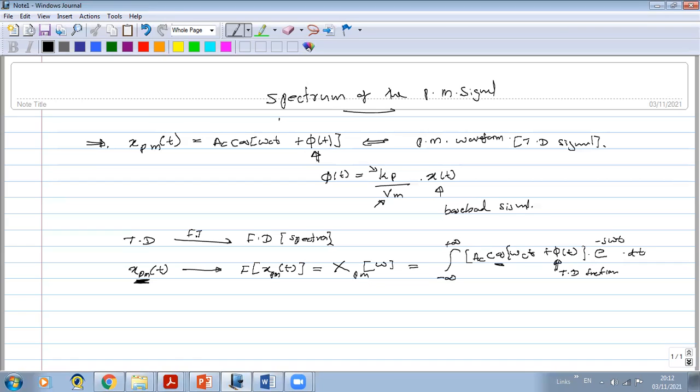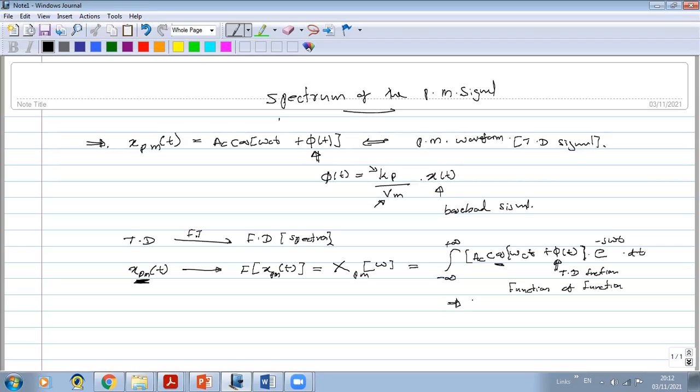So you can see that one time domain function is inside another function. So this is a function of a function. If we try to evaluate this by hand, it will be very difficult. Sometimes it is not possible.